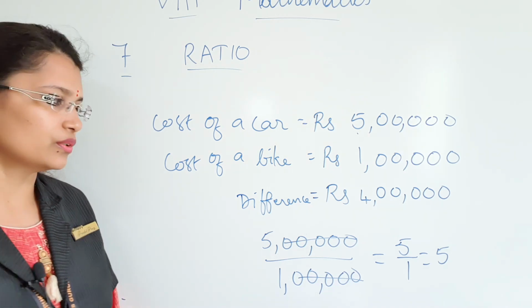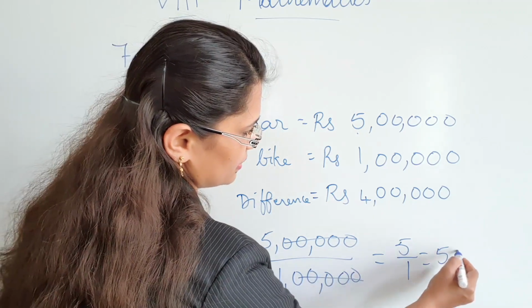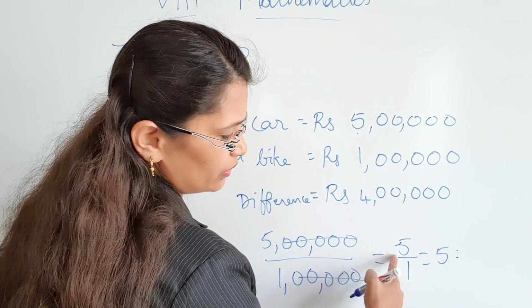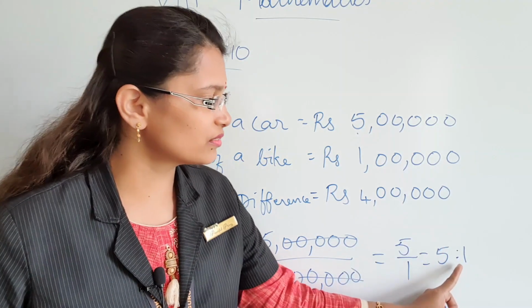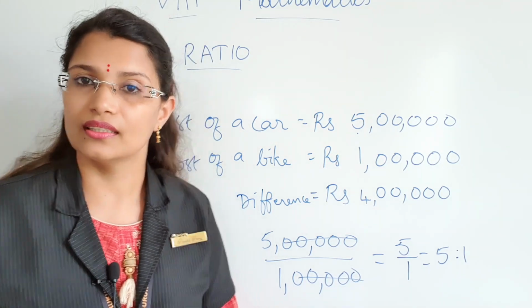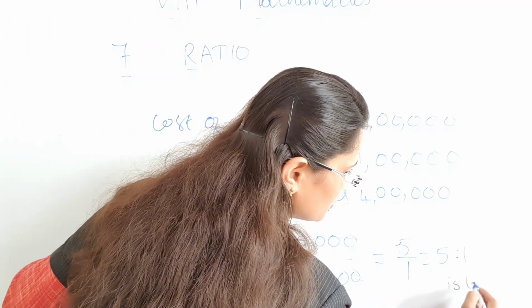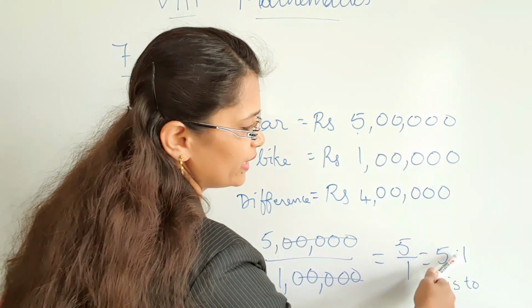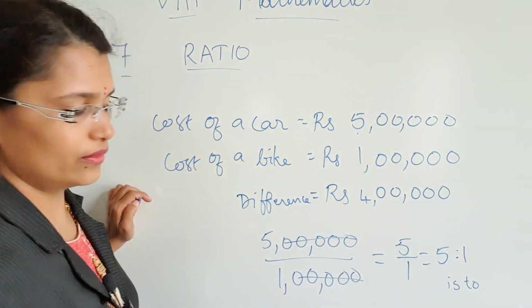Understood? So, here we are comparing these quantities as 5 by 1, we can write as 5 is to 1. How can you read this? This double dot is 'to'. You already learned in the 7th grade, right? 5 is to 1 or 5 to 1.